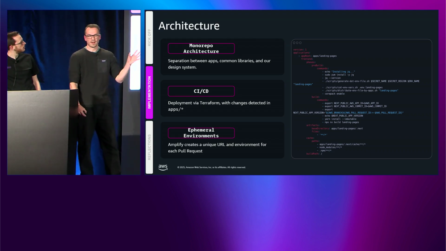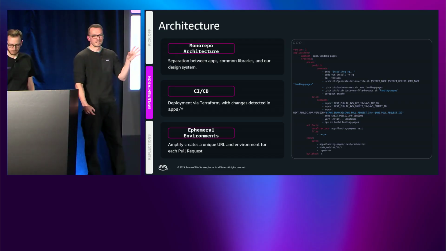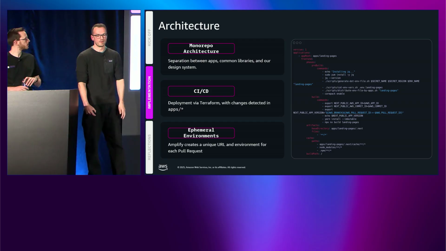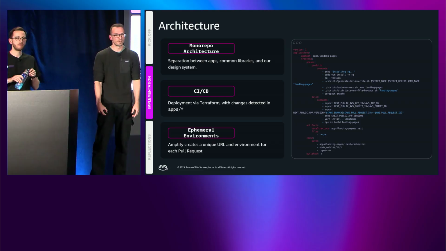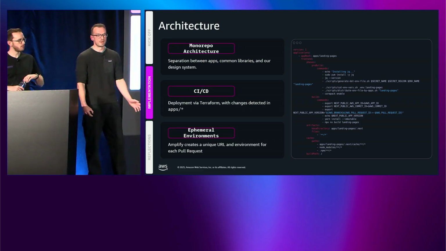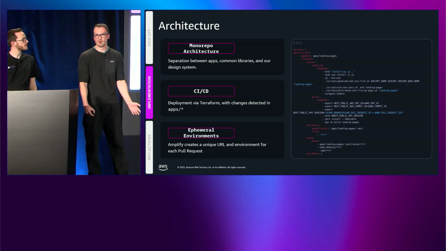Amplify creates its own unique isolated URL environment that mirrors production for each branch, and it generates that ephemeral environment in about 6 minutes from creating the branch, which is awesome. Getting ephemeral environments with next to no infrastructure and next to no code is amazing. It's particularly useful for testing changes before you merge in an environment that mirrors production.